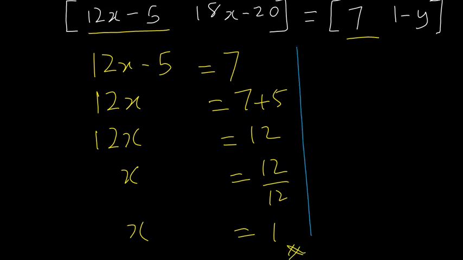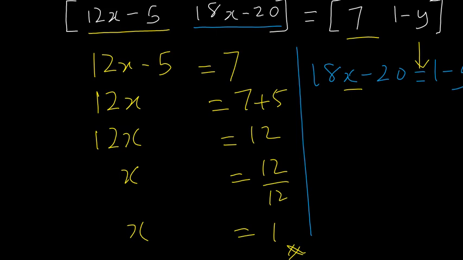Okay, next one, you know that 18x minus 20 equal to 1 minus y. So you have two variables here with one equation, so you cannot solve it now.